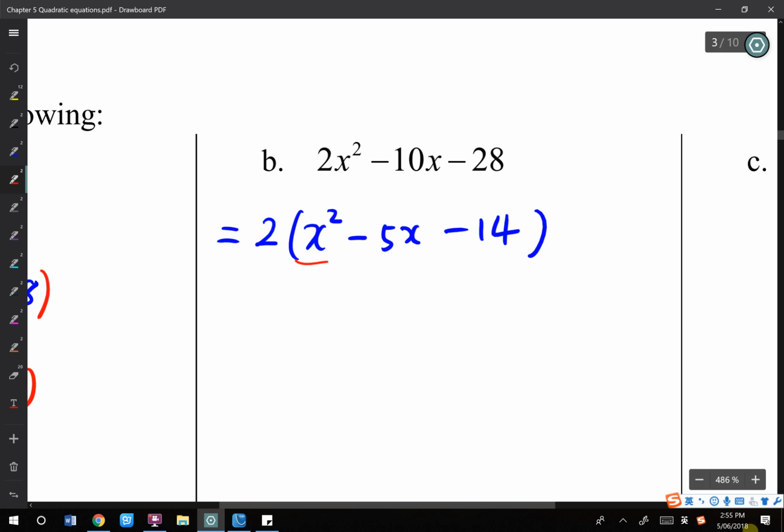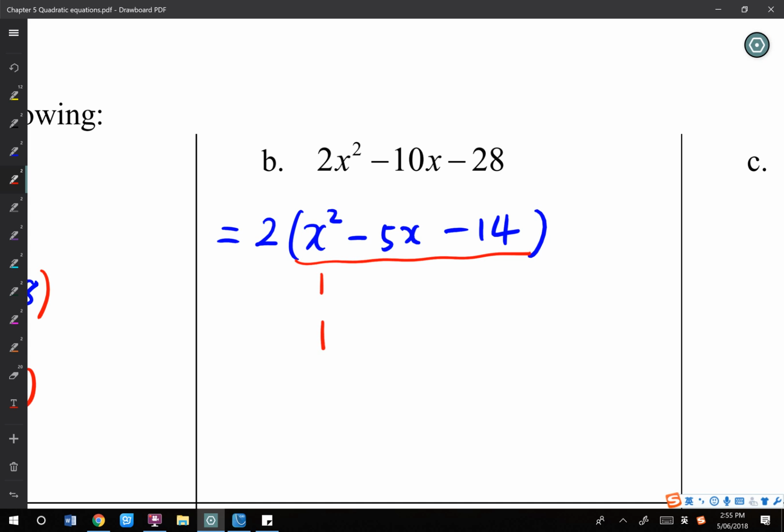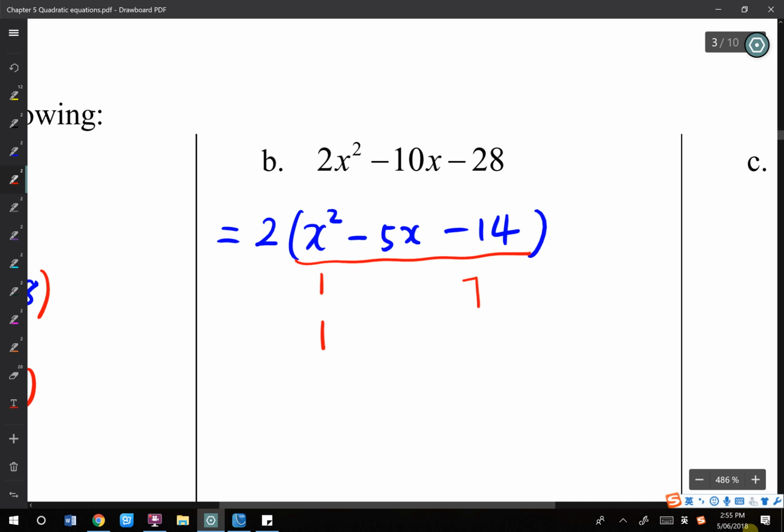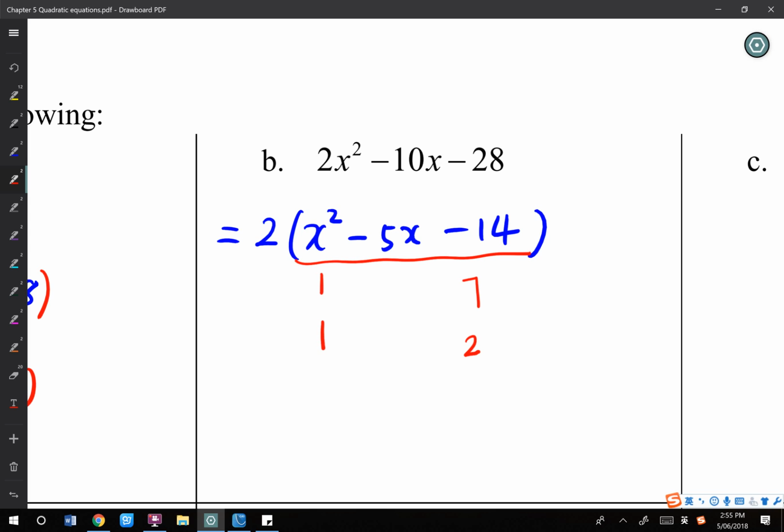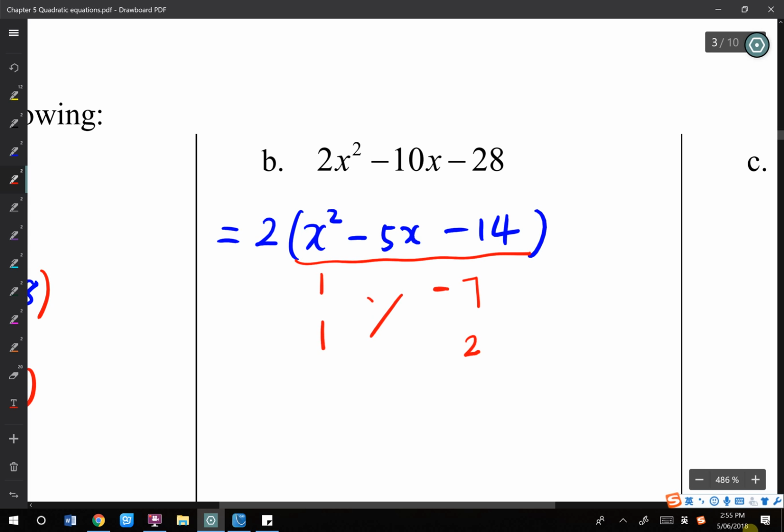Now I want to factorize the inside. X squared can give me 1 and 1. What will minus 14 give me? I heard 7 and 2, but which one will be minus? I need a minus 5, so 7 needs to be more negative. So I need a negative 7.